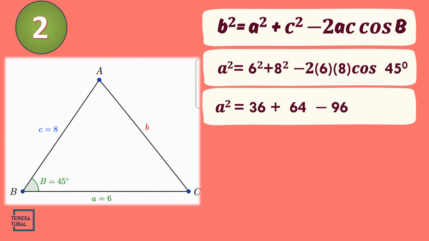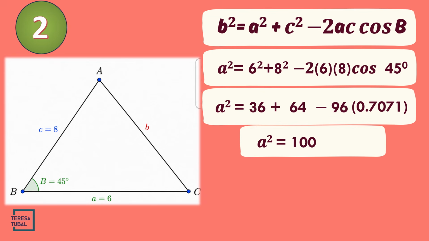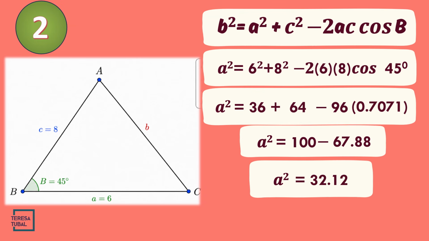And then the cosine 45 degrees, if you use the calculator with decimal places, that becomes 0.7071. So let us solve. 36 plus 64, that is 100. And 96 times 0.7071, that is negative 67.88. Copy b squared, and then 100 minus 67.88, that is 32.12.